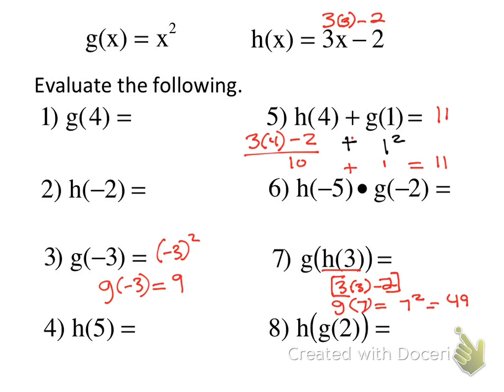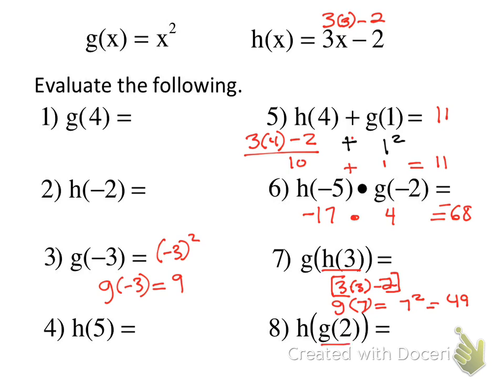Okay, I want you to pause the recording and do number 6 and 8. Now let's check our work. Number 6, what's the h of negative 5? Who got what's the h of negative 5? Yes. Negative 17. Negative 17 times, what's the g of negative 2? Negative 4. I mean, positive 4. Positive 4. And so altogether it makes negative 68.